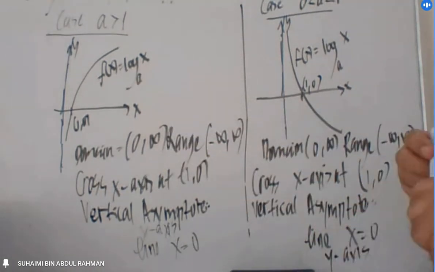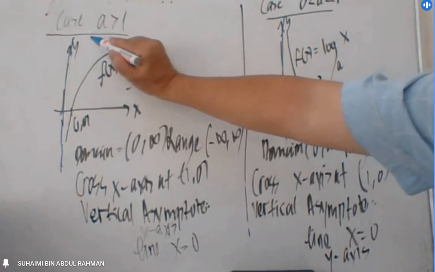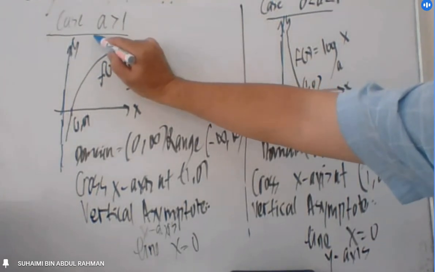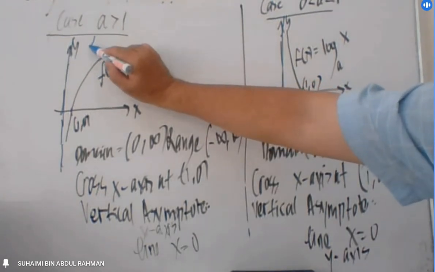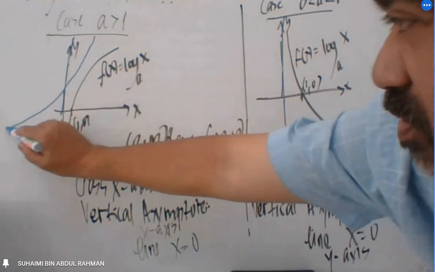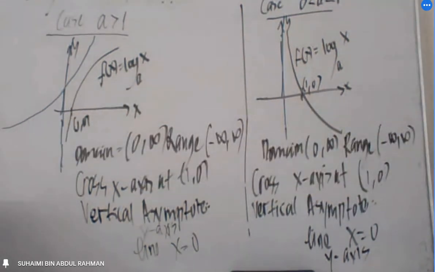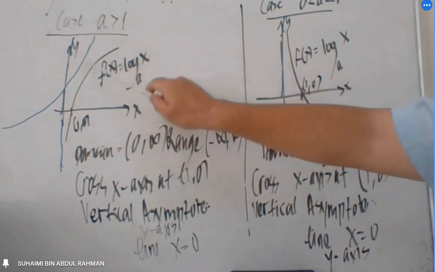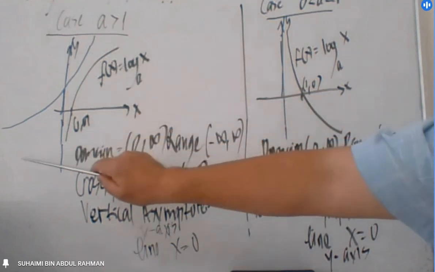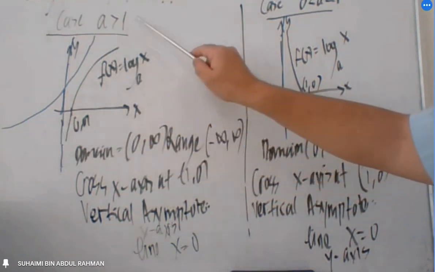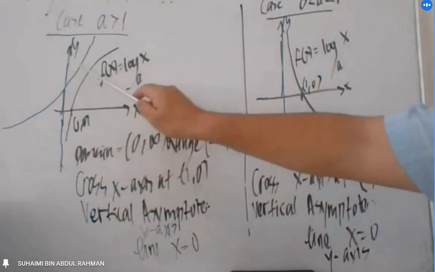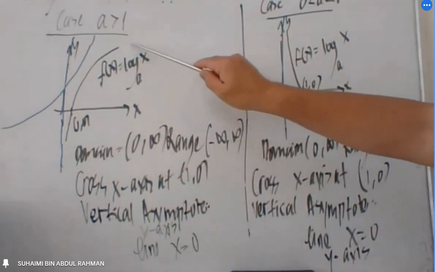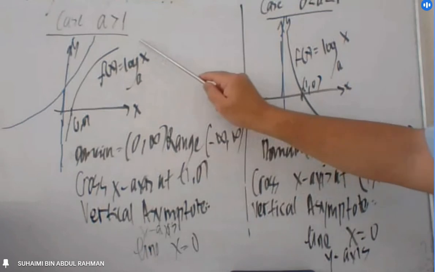If you remember the graph of the exponential function for the case of a greater than 1, like this. When we study inverse functions, the inverse is the reflection of the graph of the function about the line y equal to x, this line. So when we reflect, we get the graph of log.